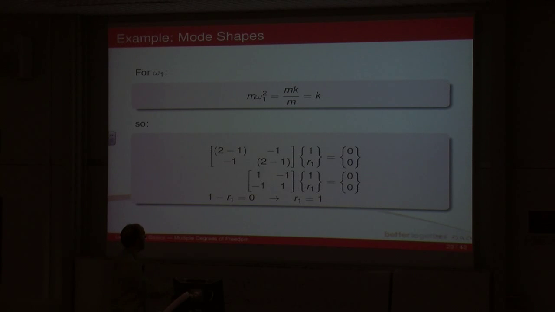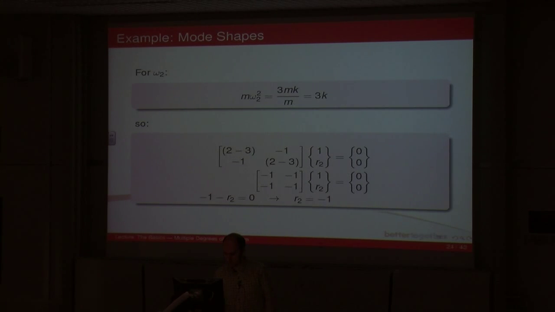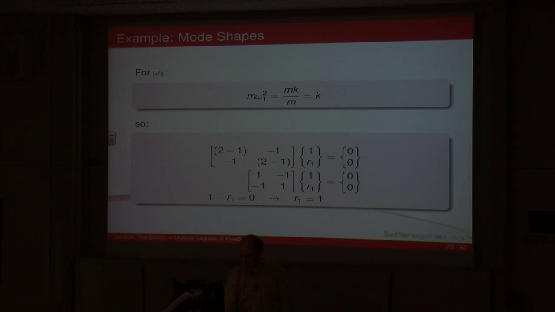So we've got 2 minus 1, minus 1, and 2 minus 1, so you end up with this nice equation. If you multiply that by that, you end up finding that r1 is 1. So the first mode shape, I've got it on here. Let's write it here. So I write mode shapes like this. So it's x, 1, so that's the first mode shape. 1 is outside of the braces.